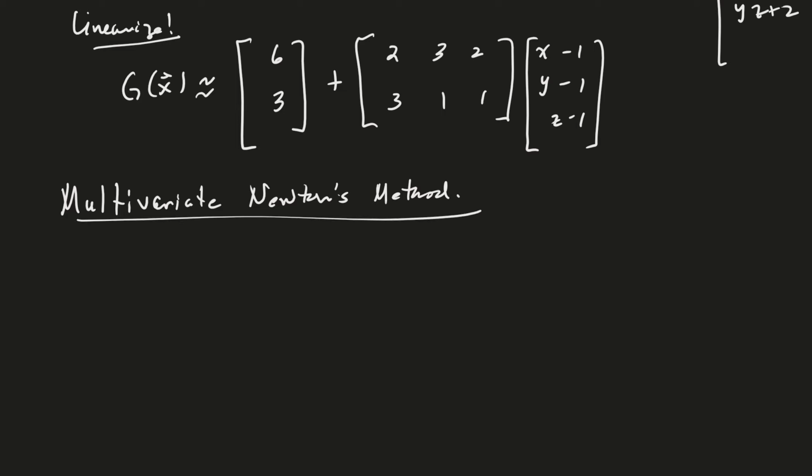All right. So, what do we want to solve in this case? In this case, we actually want to solve for where the gradient of f is equal to 0. And that is a vector, right?